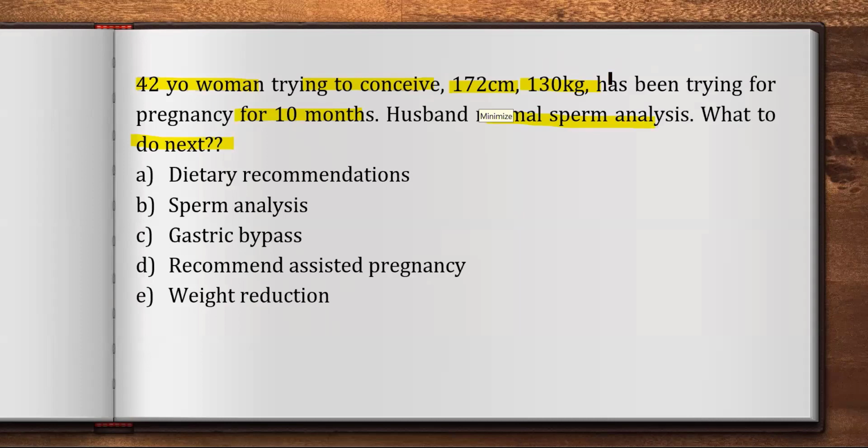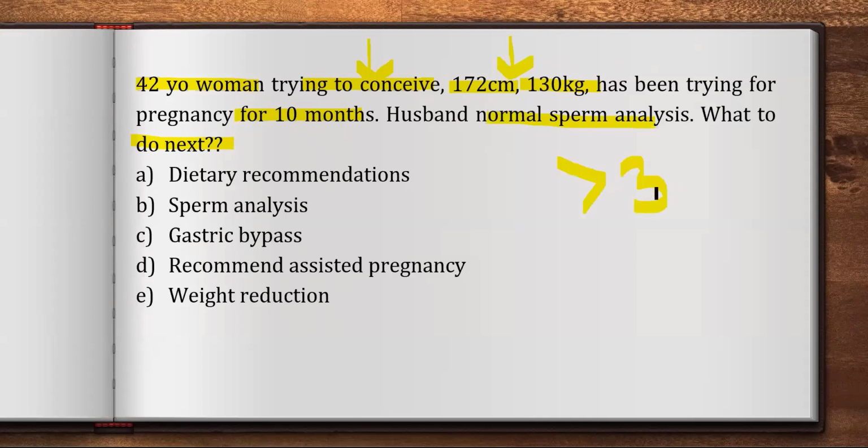In this case, your first clue is that this patient is obese. And what is the question all about? Subfertility, right? The patient is trying to get pregnant but unfortunately is unable to do so. And what is the time duration? 10 months.